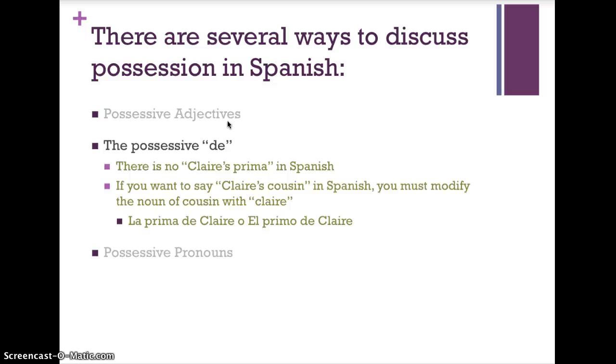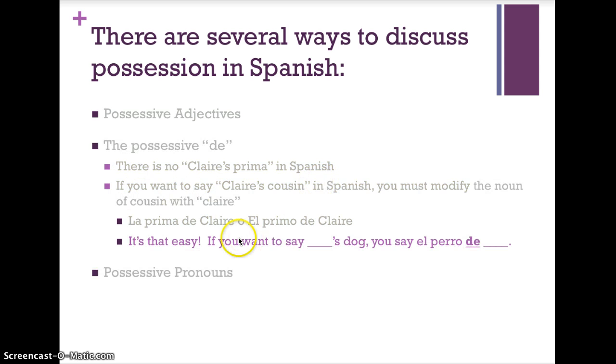You have to say la prima de Claire or el primo de Claire es de Colombia. There's no way to say it other than so-and-so de and then the person that they belong to. So you're modifying the noun with the person that you want it to be from. It's that easy. If you want to say so-and-so's dog, you say el perro de so-and-so.